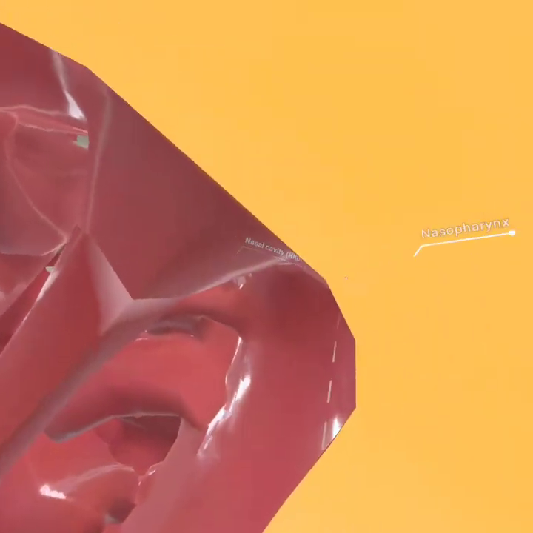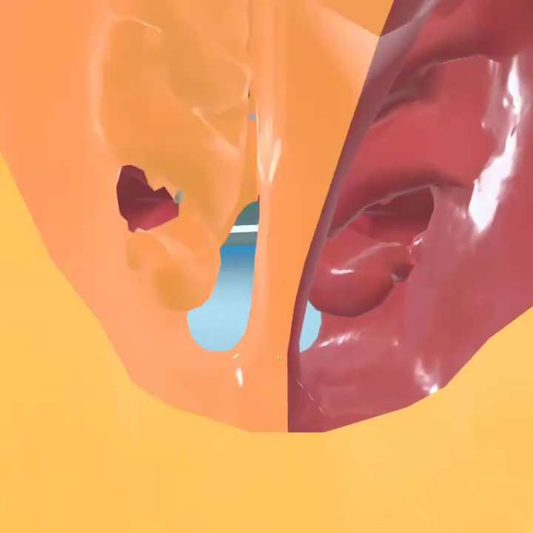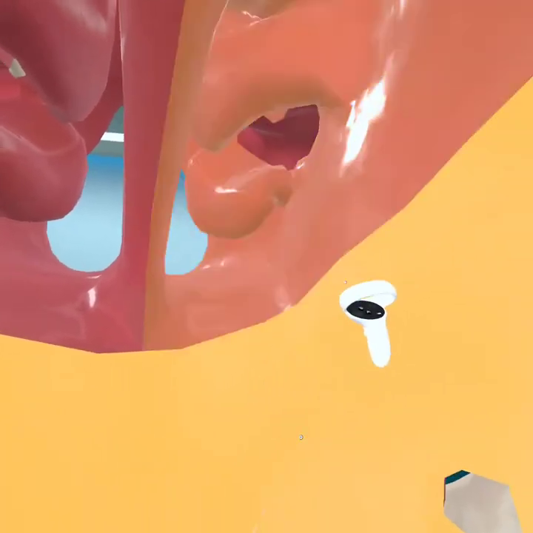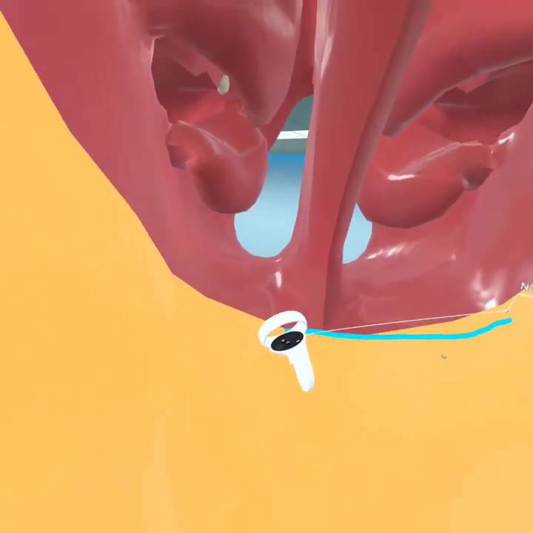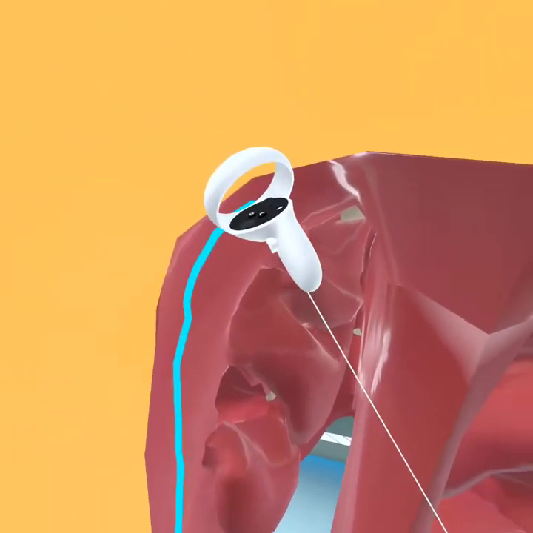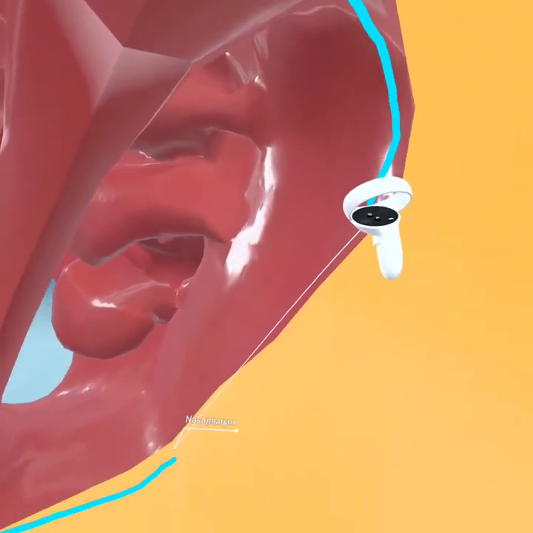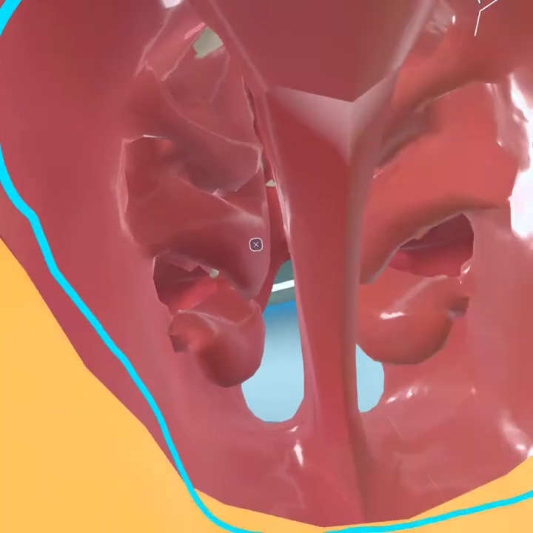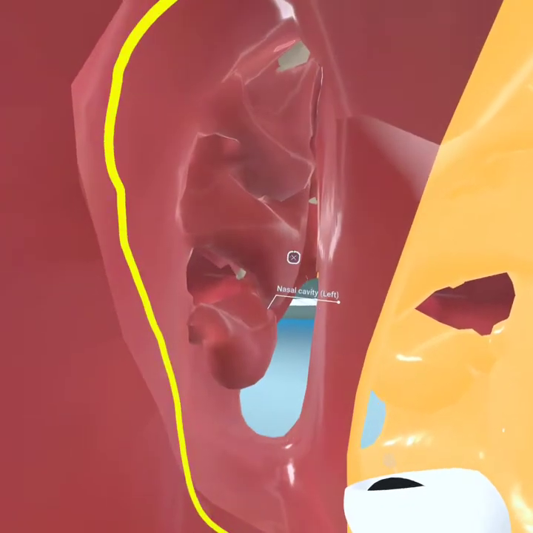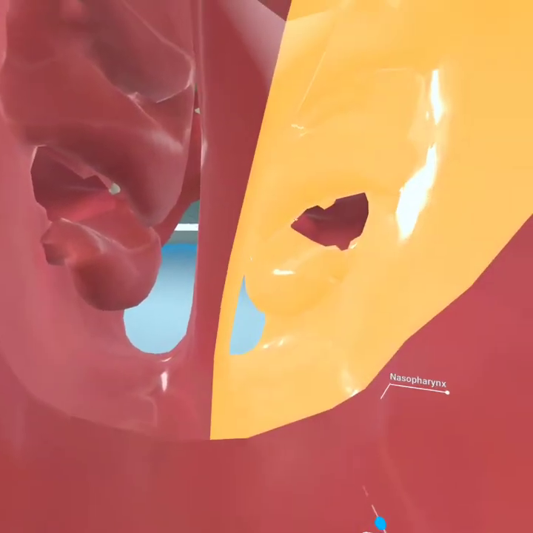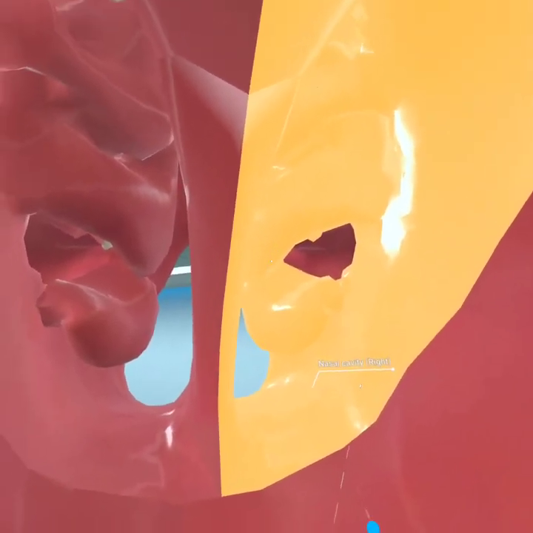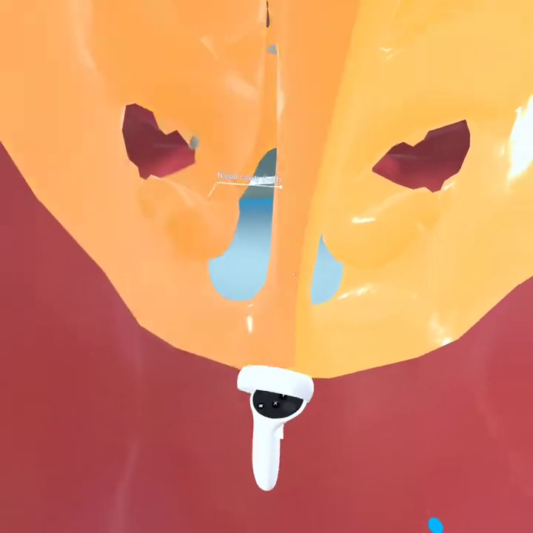The anterior of the nasopharynx communicates with the nasal cavity. If you imagine this space right here, right in front of us, that would be the nasal choana, and that's how the nasopharynx communicates with the nasal cavity. So we have our nasal cavity left, nasal cavity right, and all that good stuff.